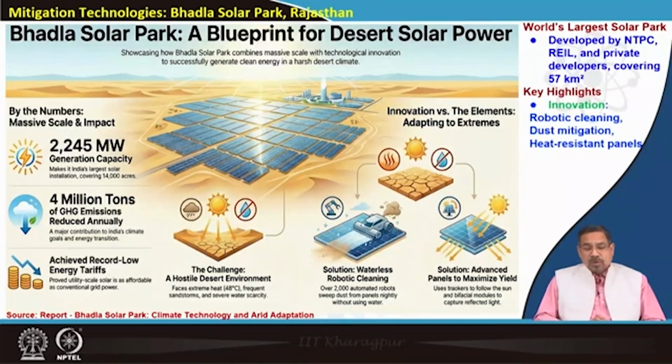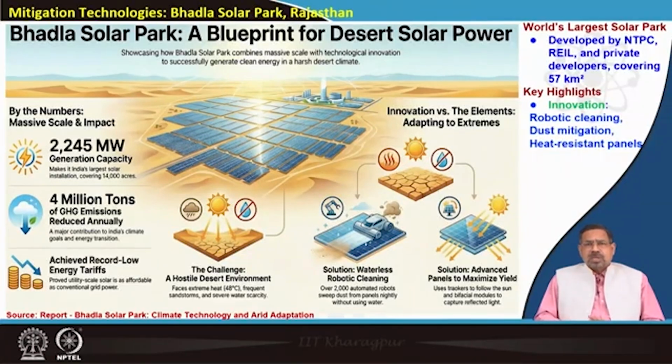Over 2,000 automated robots sweep the dust from the panels nightly without using water. There is no water there, and you have the desert storm. So about 2,000 automated robots clean this every night, once a day. You don't need water, you don't need a lot of manpower. It is automation using robots or other AI technologies.